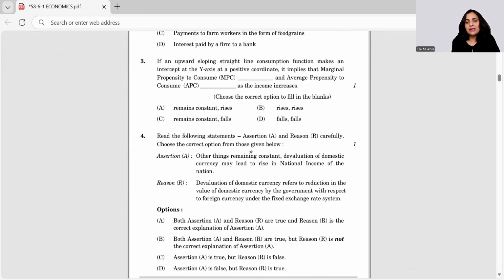So APC falls with rise in income. So this tells that these options are gone, but falls is there. And then they say it is an upward sloping straight line consumption function. So a straight line consumption function would always have a constant MPC. It means this is my answer: MPC is constant and APC would fall.